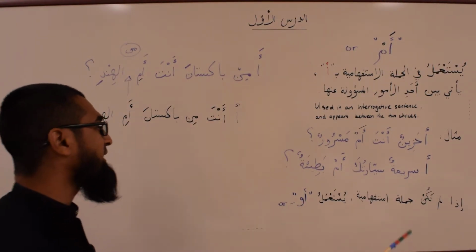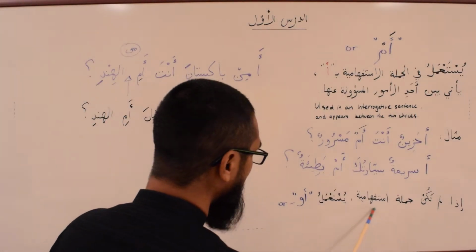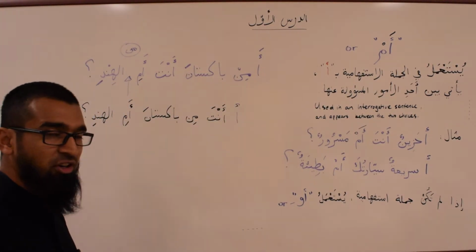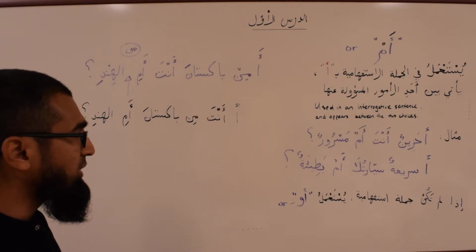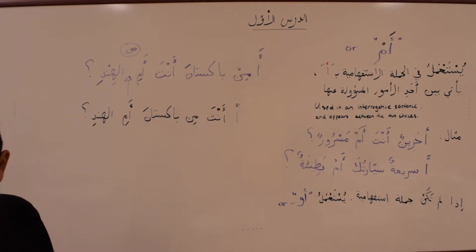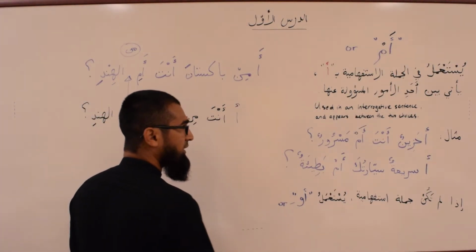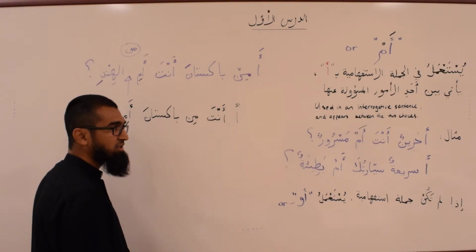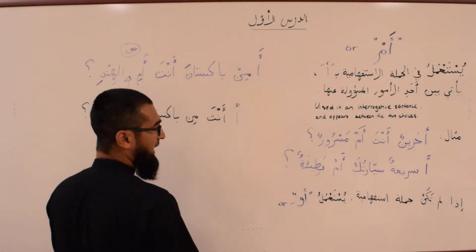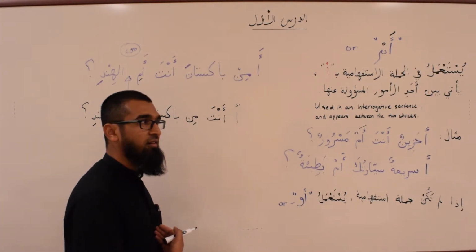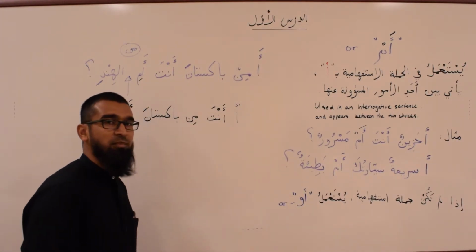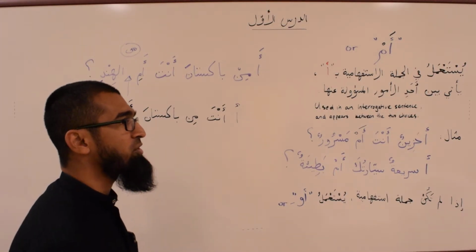It says here, and this is correct, if it's not being used as an interrogative sentence, you use aw. For example, let's say you have something at home, and you're not sure what you have at home.